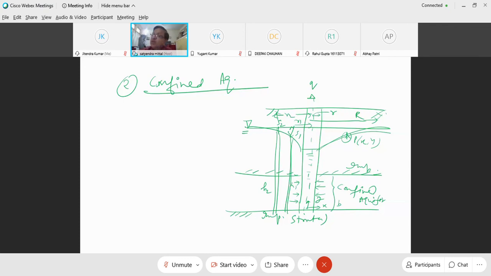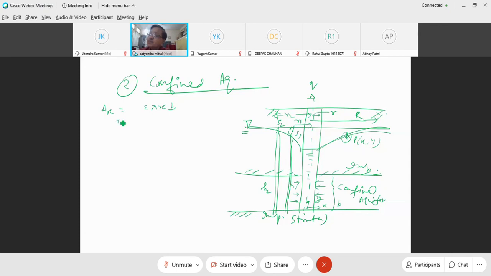Now, same as in the previous case, because ultimately again Darcy's law shall be valid, Ax in this case at P will be equal to 2 pi x into thickness b in the vertical direction, so 2 pi x b.